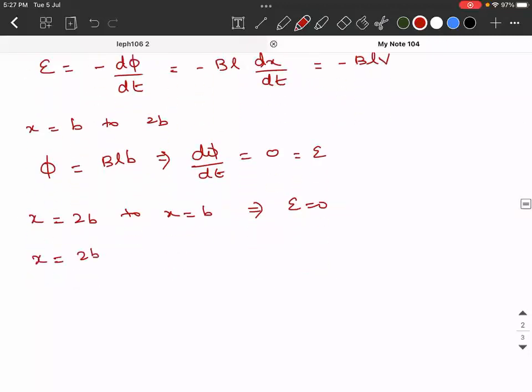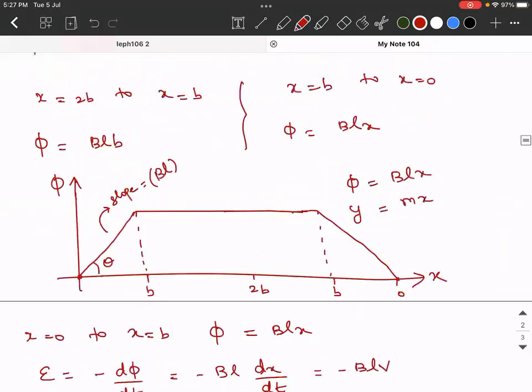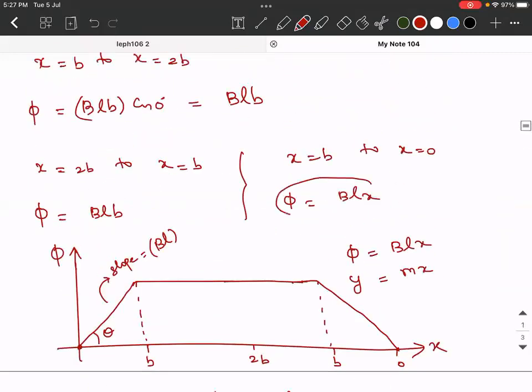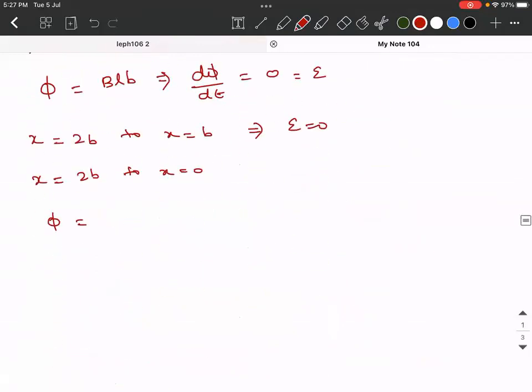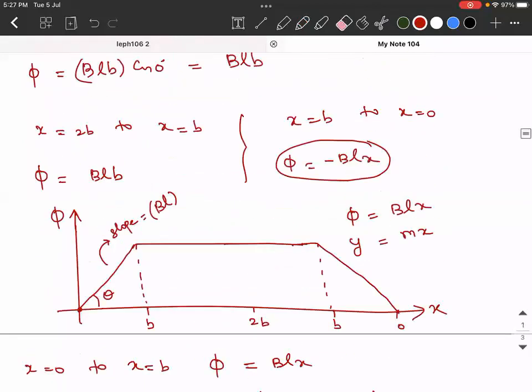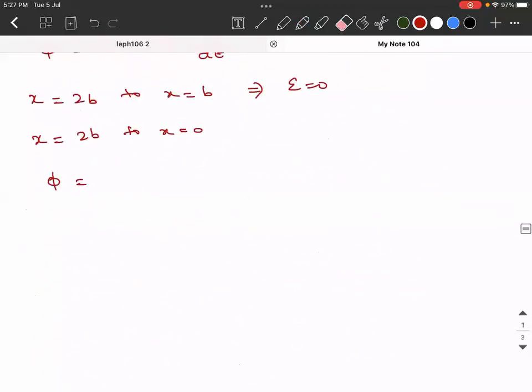When x is equal to 2B to x is equal to 0, flux is what? See, actually, if I have to say flux here, right? Instead of writing it as BLX, can I write it as negative of BLX? Why am I writing minus? Because the flux is decreasing, no? So if that is the case, then what would have been the EMF here? So x is equal to B to 0.